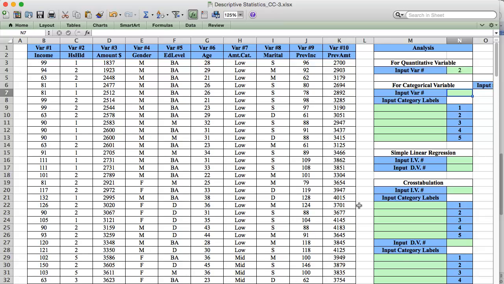So now that we are getting more comfortable using our Excel tool, we could do the descriptive analysis for our 3 categorical variables rather quickly.